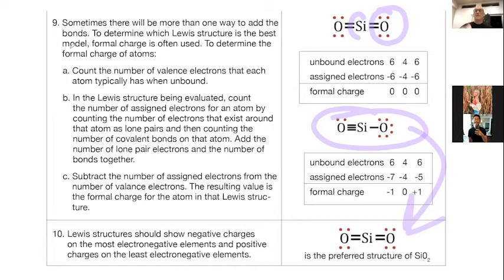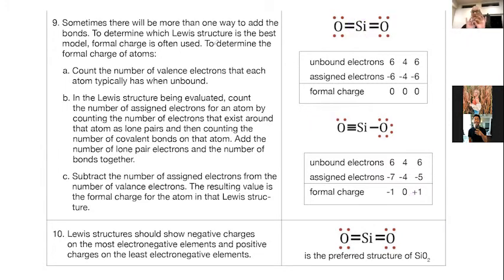The silicon in the middle has 4 valence electrons, 1 in each of 4 bonds. So it doesn't have a charge. So there's no charge at all. So we try to get our Lewis structures to have as few formal charges as possible. And you particularly don't want opposite charges right next to each other. You don't want a positive charge right next to a negative charge.